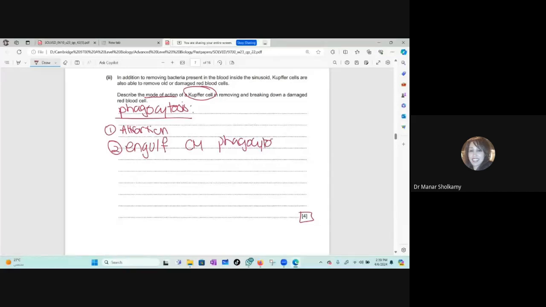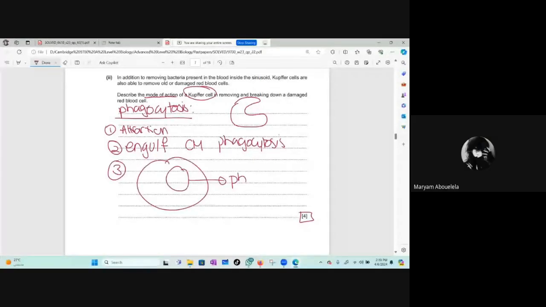And by the way, when the cell membranes reach out, this is called pseudopodia. You want to know? And then after it swallows it, it will put it in a vesicle. What's the name of this vesicle? It's called the phagosome. Yes, the phagosome. And who will come and fuse with the phagosome?